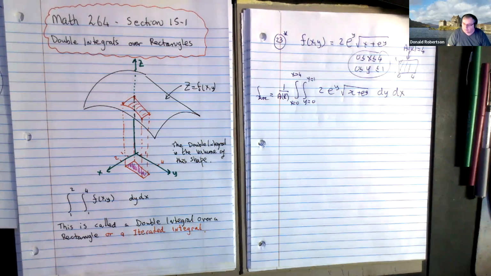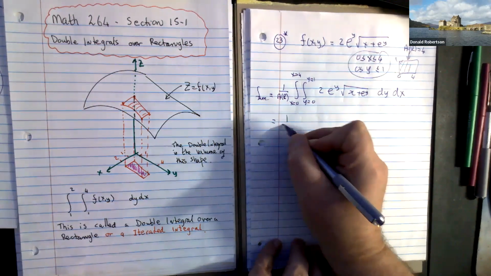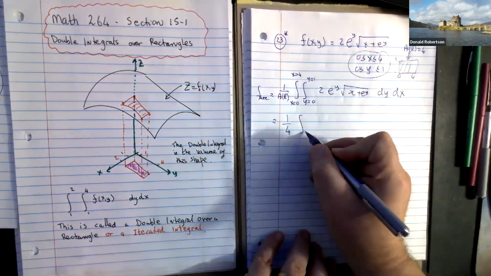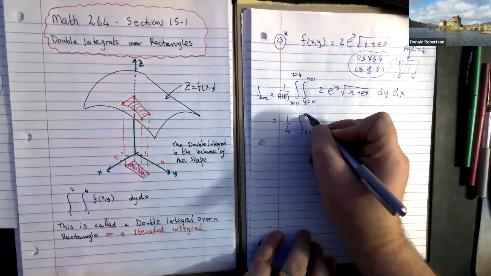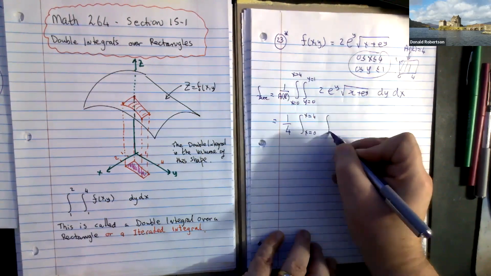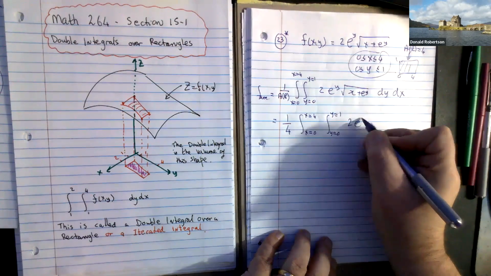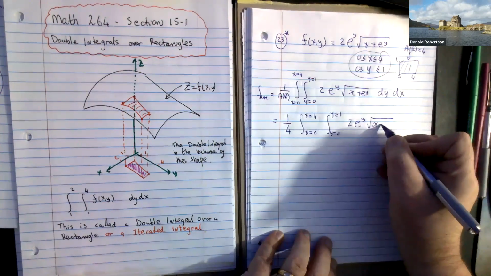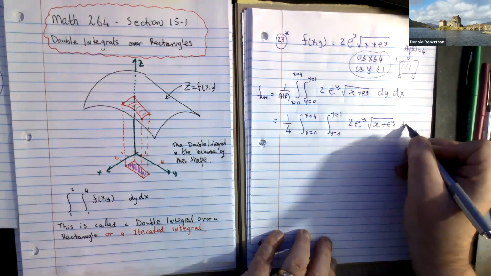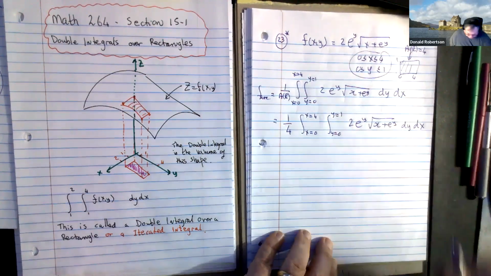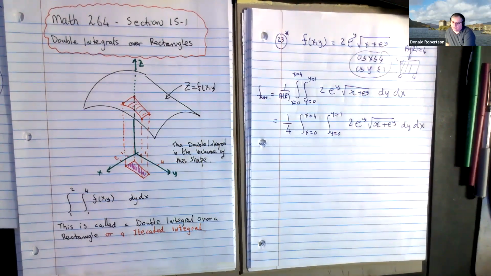Are we good with that? Right. So all we're going to do is find 1/4 of the integral from x equals 0 to x equals 4, y equals 0 to y equals 1 of this function. We cool?